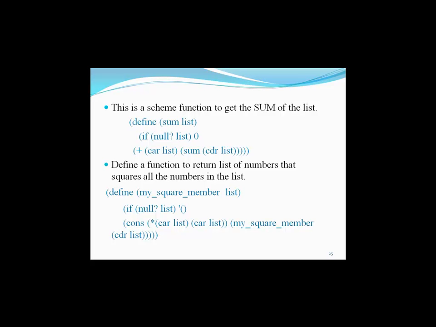In the first part, we multiply the car of the list by the car itself and combine it with the cdr list returned from the my square numbers function. Here we have used recursion to get the cdr list's squares. So finally we add the first car's square to the cdr list's square numbers.